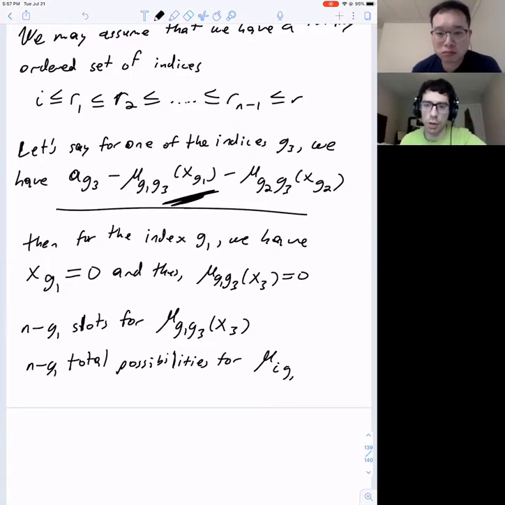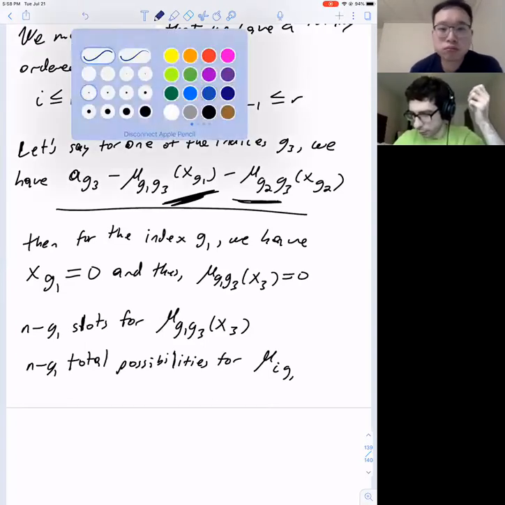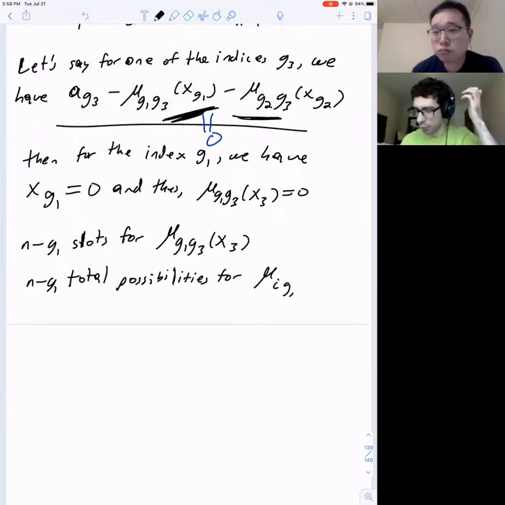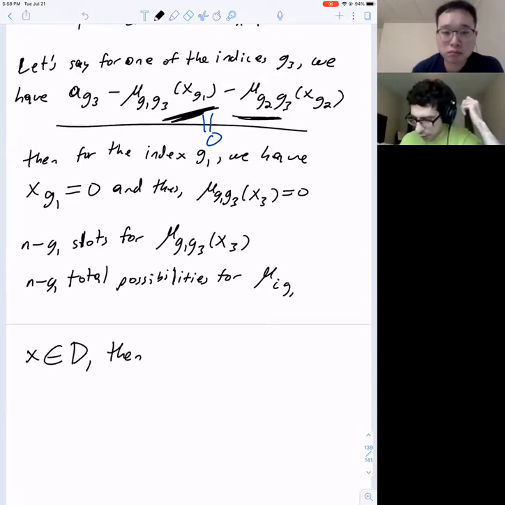And so if one of the slots has 2 mappings, like we have 2 mappings for the G3, then one of the slots has no mappings by the pigeonhole principle. And if we pick G1 to be the smallest such mapping, then the G1th coordinate is just XG1, and so XG1 is 0, and so mu G1, G3 of G1 is 0, so we can do this.